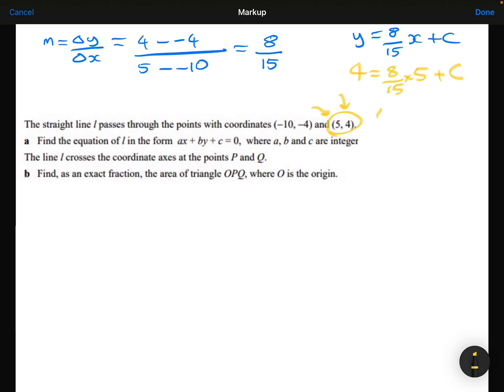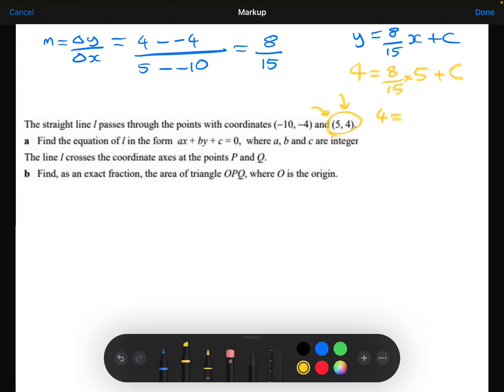So we get 4 equals, now the 8 over 15 times 5, well, they're going to cancel out and just be 8 over 3. Take the 8 over 3 away from both sides. And 4 minus 8 over 3.